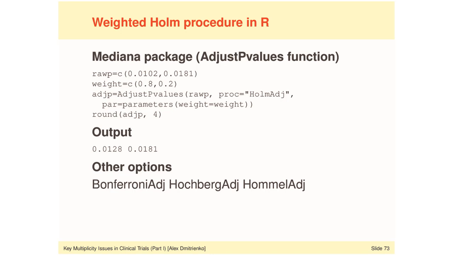And for this reason, we will use this function again and again in modules D and E. But in addition to that, this package was designed to be very flexible and easy to expand, and therefore any user can write a function of their own to implement perhaps a novel multiple testing procedure that is not currently supported by the Mediana package. And for more information about writing custom functions of this kind, please see the package's online manual. You will find the link to this manual in module G.